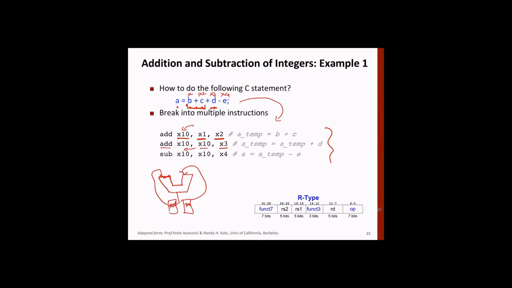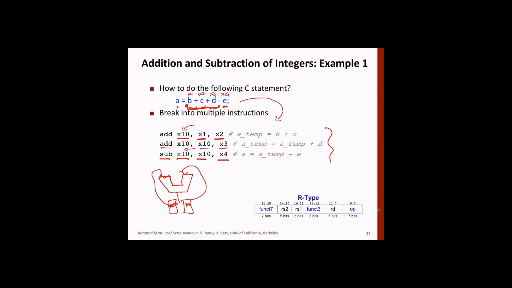And then finally, once we have done these three additions, B plus C plus D, we have to subtract E. And we know that E is in X4. So we can use sub X10, X10, X4.